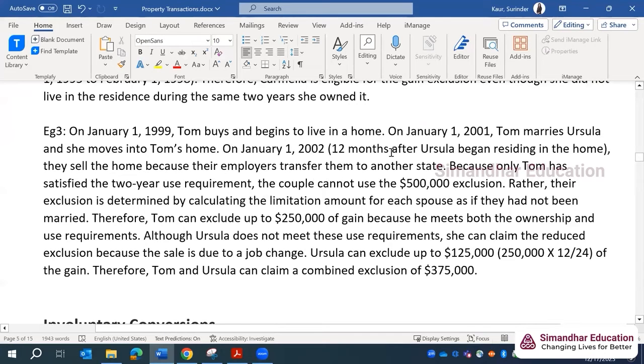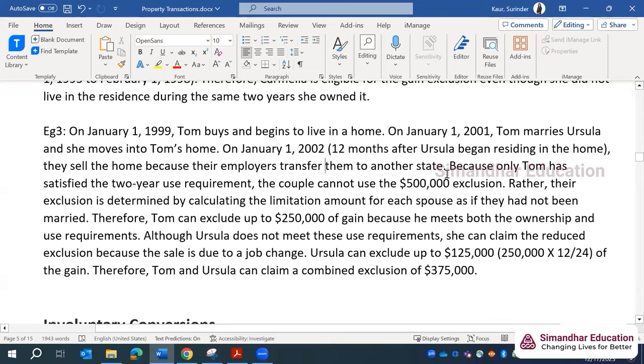The answer to that is yes. They are selling the house because there is a change in the employment and they have to go to another city to work. But here the husband is meeting both the use requirement and the ownership requirement. But Ursula, the wife, stayed in that property only for 1 year. And there is also a hardship provision.